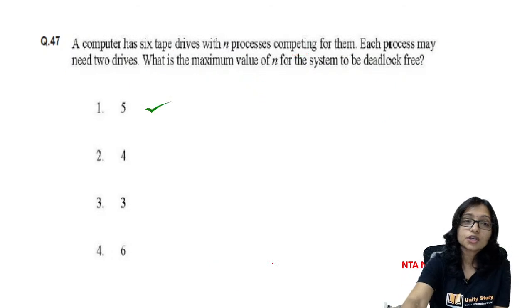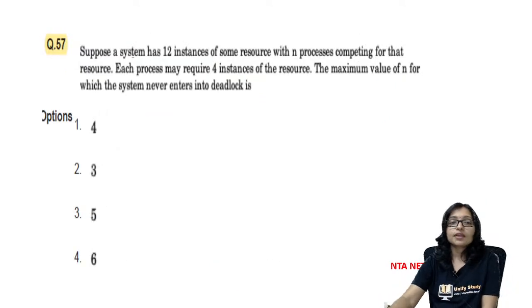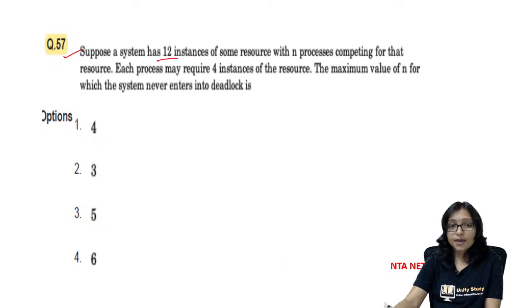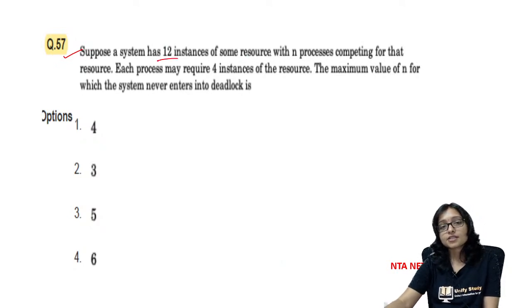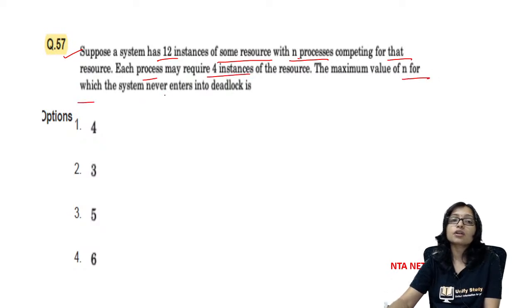Yes, good. Now the next one. Here is another one. Suppose a system has 12 instances of some resource, with n processes competing. Each process requires a maximum of 4 instances. What is the maximum value of n for which deadlock will never occur? How to do it?